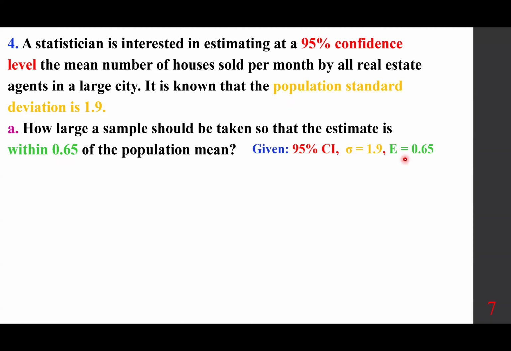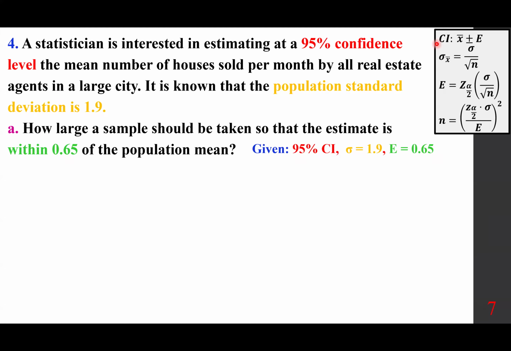Now 95% confidence interval. I'm going to remind you of the following formulas. Confidence interval for the mean is x bar plus minus E, where sigma of x bar is sigma over square root of n, E is z alpha over 2, sigma over square root of n. So if you concentrate on this one and solve for n, that means first let's square both sides.